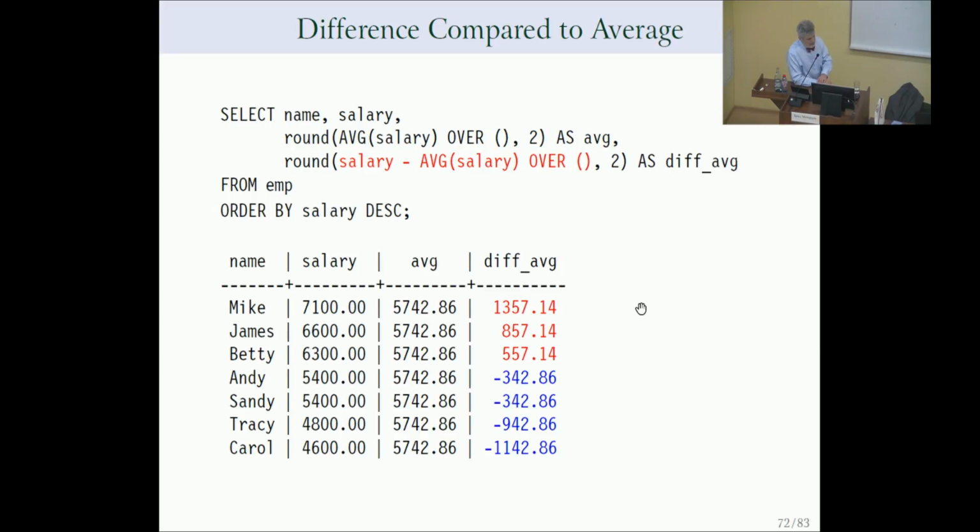So I can now see how much more or less each employee is paid than the average. Those in red are paid more than the average. Those in blue, less than the average. Kind of nice. Kind of hard to do in the client. It's very awkward to do this, but very convenient to do it in a window function. Okay. Questions?